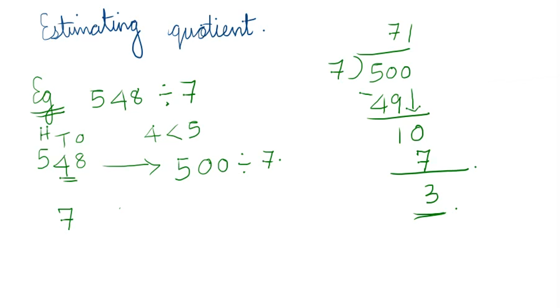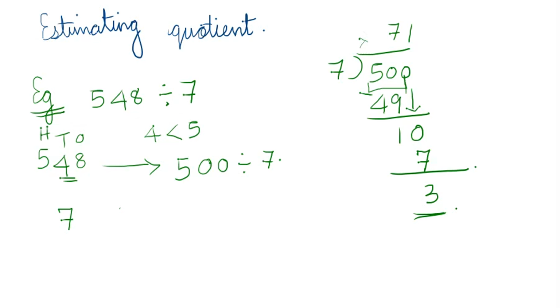So 500 is actually not exactly divisible by 7. So we will not be able to find the estimated quotient. So what I will be doing is, I will just check for this hundreds and tens place. Okay, so 7 sevens are 49. That is my highest product which I can use.